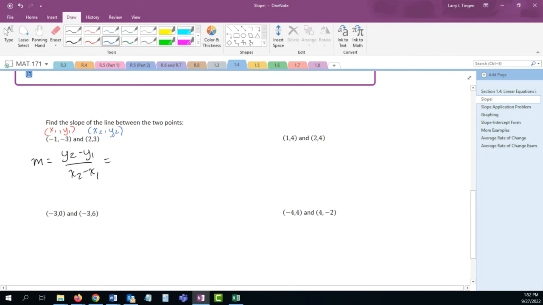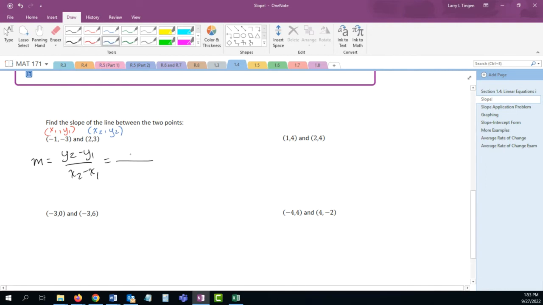I used to try to pick the ones that would make the subtraction easier, but then I was always trying to remember, okay, if the y2 is from the first one, then the second one's the y1, and it just got to be a mess. So it's just easier for me to always remember that the first point I run into is x1, y1, the second point I run into is x2, y2.